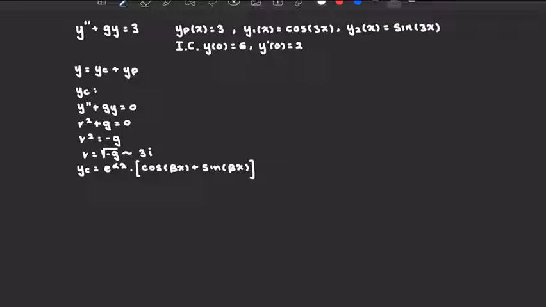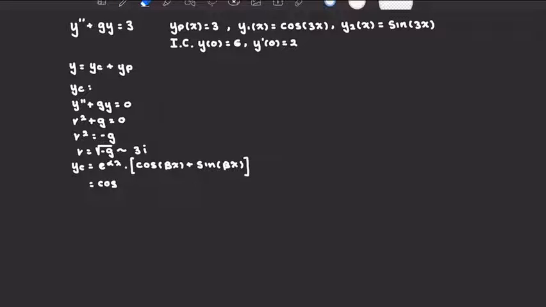So we know that alpha is 0 and beta is 3. So yc is just going to be e to the 0 x, and e to the 0 is 1. Actually, we may be forgetting our c1 and c2 here. So this is c1 times cosine beta x plus c2 times sine beta x.